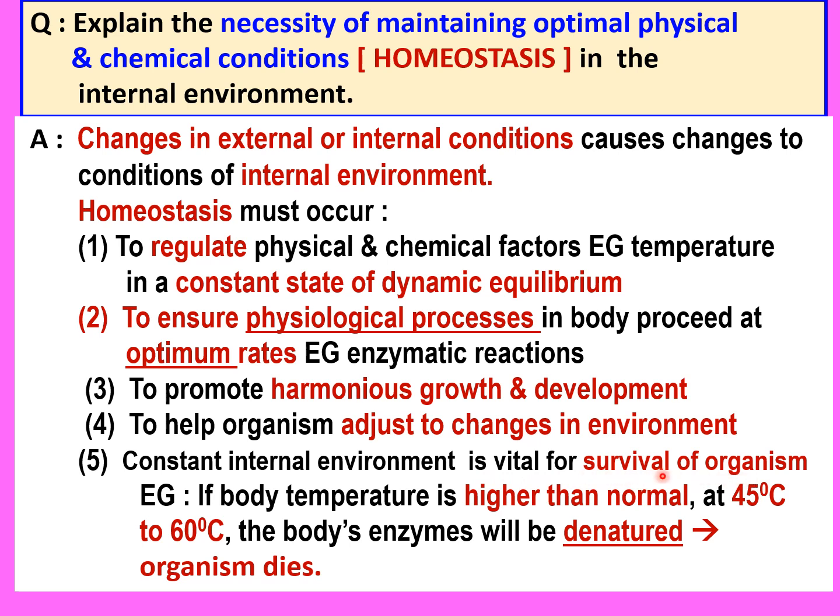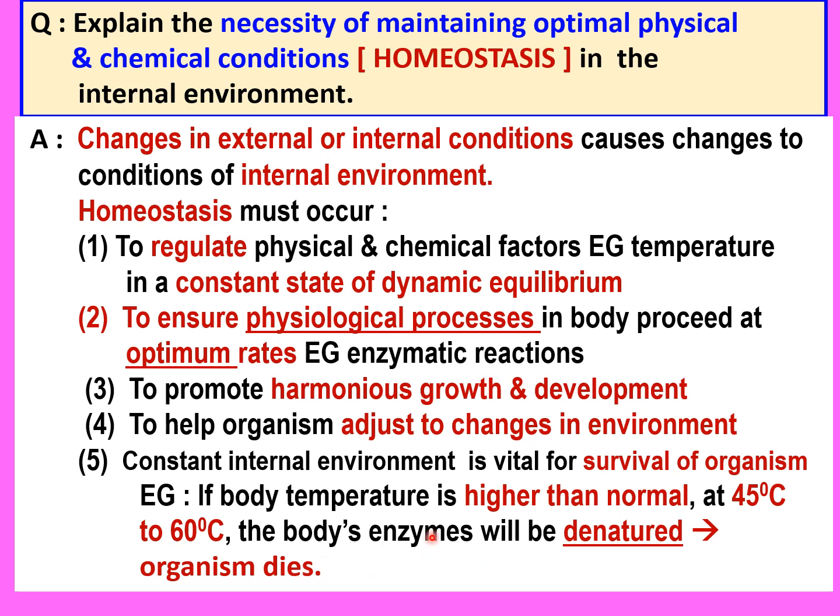Now, number 5, constant internal environment is vital for survival of organism. Survival in Malay is called kemandirian. That means for the continual existence of the organism, continual living of the organism. Example, you can give an example. If body temperature is higher than normal, maybe above 39 degrees, it could be 45 degrees, the body's enzymes will be denatured and the organism will die.